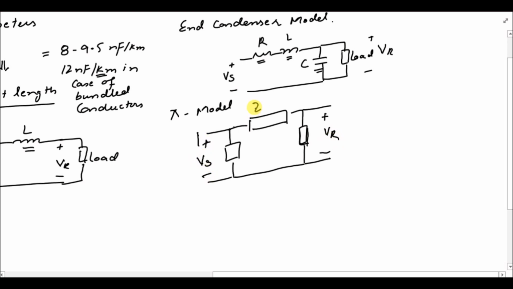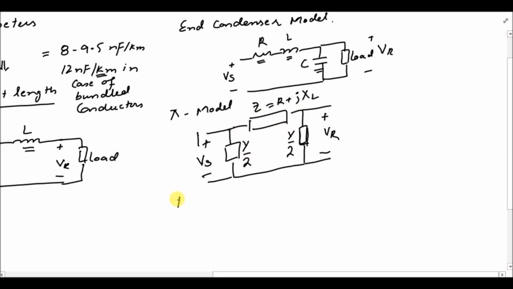This is your impedance, which is equal to R plus jXL, and this is your admittance divided by 2 and admittance divided by 2. So the capacitance value that is represented in the admittance is divided into two parts and is placed on both sides of the line impedance. This is known as the pi model.